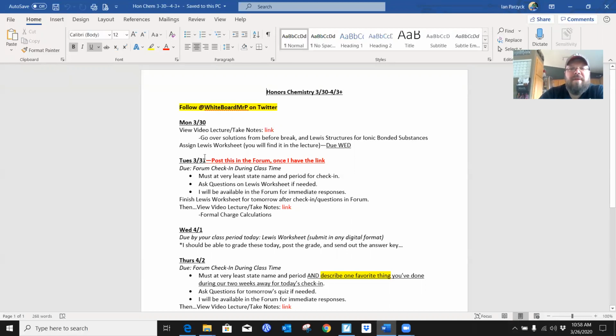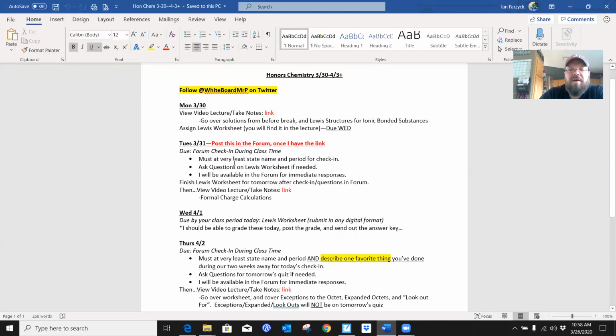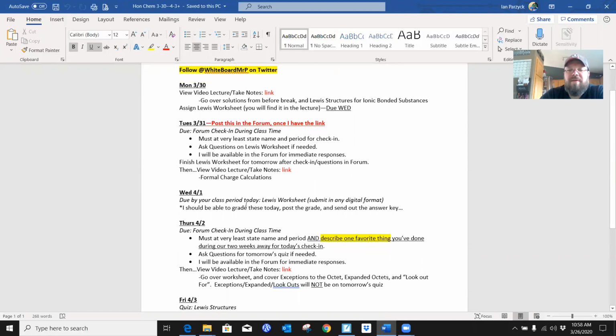Anyway, today we're going to go over the solutions from before break with the Lewis structures, and talk about how to do Lewis structures for ionically bonded substances. Then I'll assign the worksheet today. It's in the lecture: you'll pause the video, write down the questions, and work your solutions.